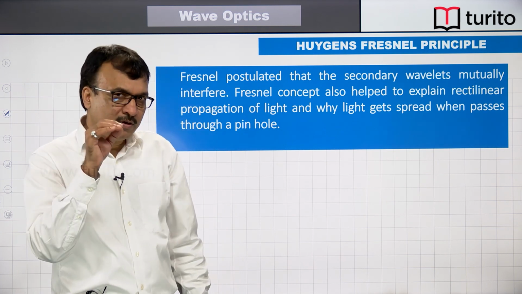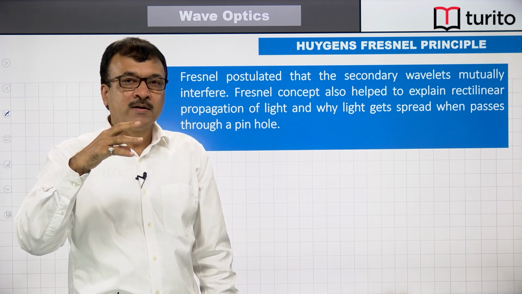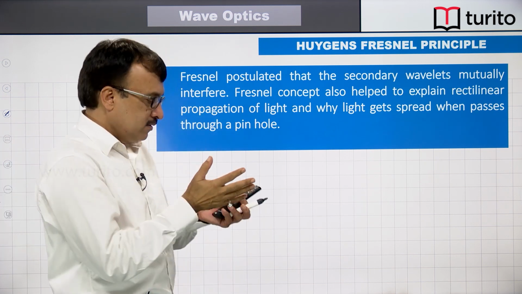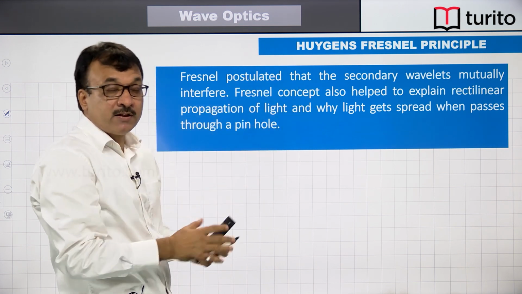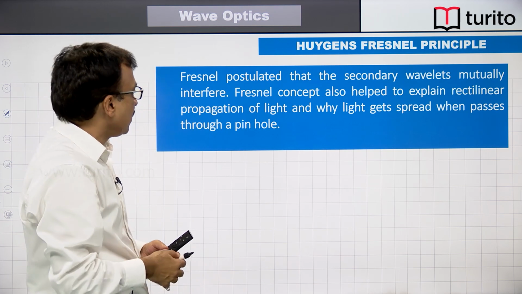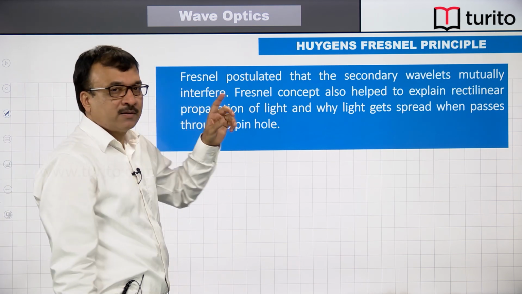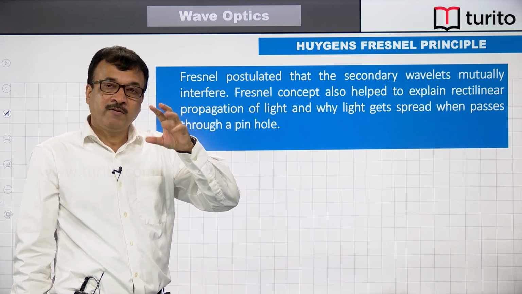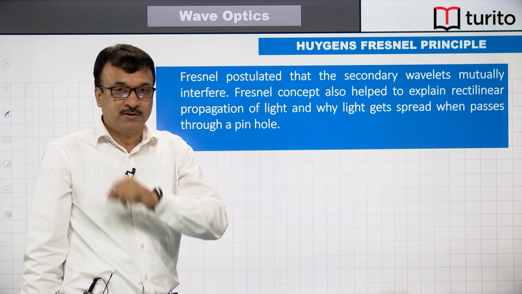If the size of the hole is very small and light is incident on it, then after passing through the hole, the diameter of the beam of light will increase. So, it spreads when it is passing through a small hole. So, this postulate that these wavelets interfere mutually explains the property of diffraction.